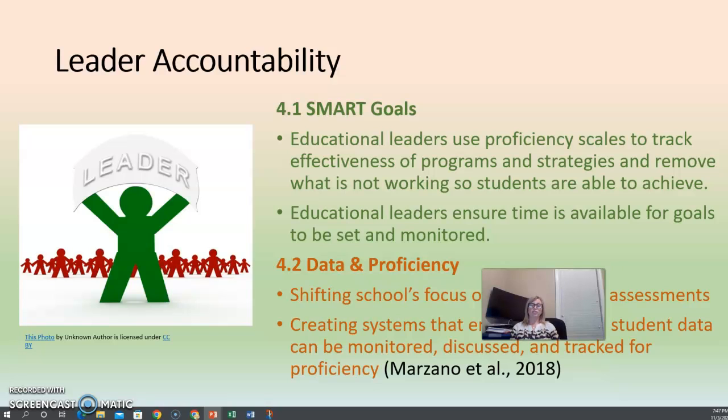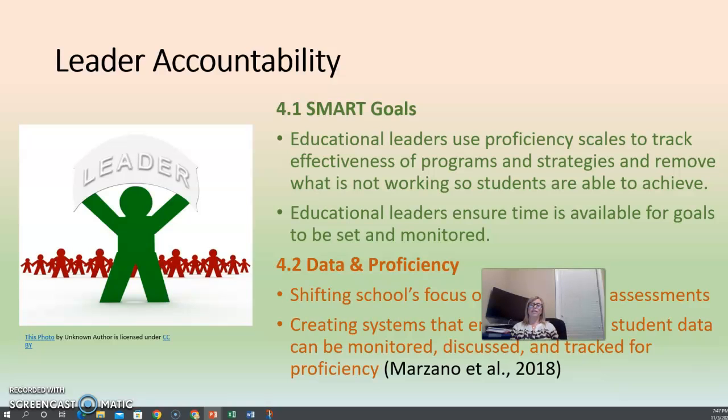4.2 Data and proficiency. Shifting the school's focus on daily teacher assessments. Many times these state tests are periodically done and they're not often, and so it's hard to tell if students are actually progressing.